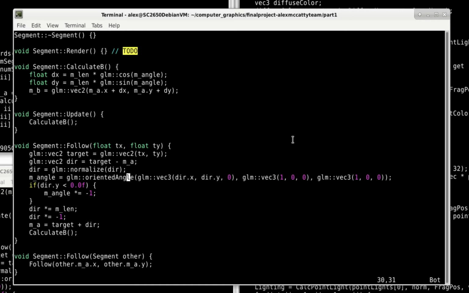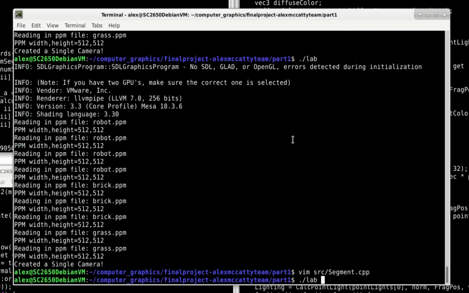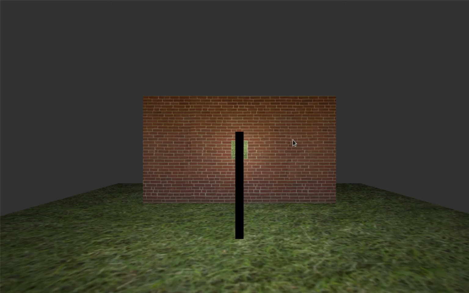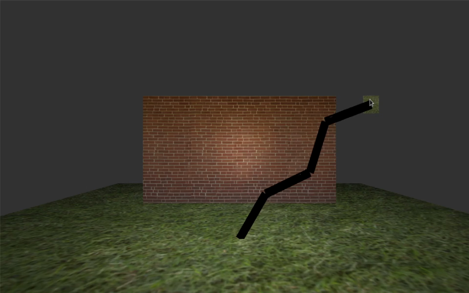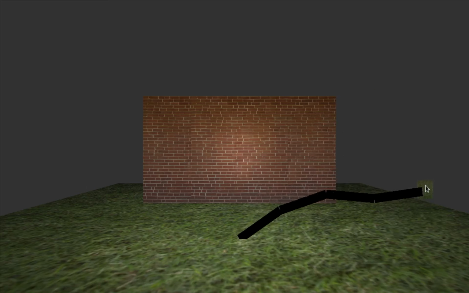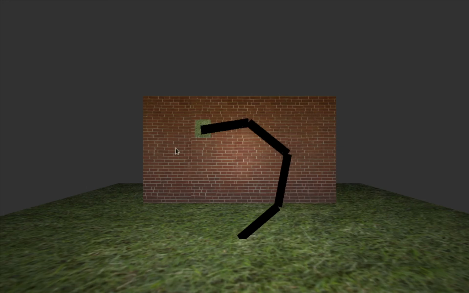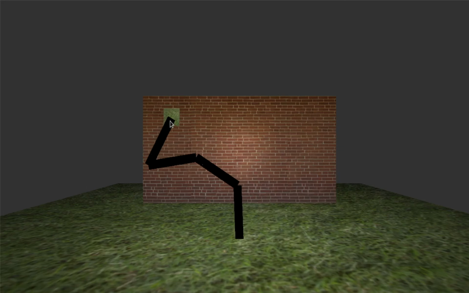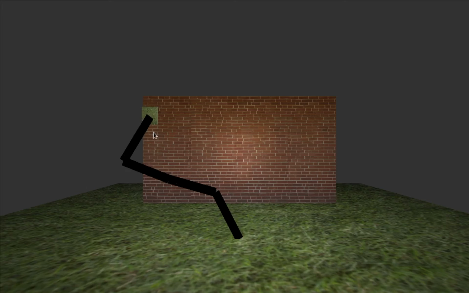So the general idea is there's a bunch of segments, and each segment has a start point, an angle, a length, and an end point. And it's able to calculate the end point based on the start point and the length, and then it recalculates its angle and moves its start point based on the change in position of the start point and the angle of the segment in front of it.